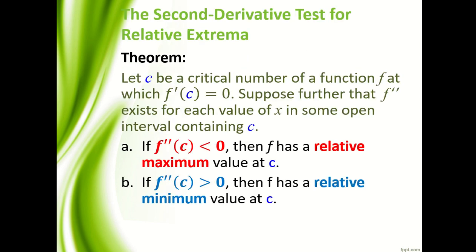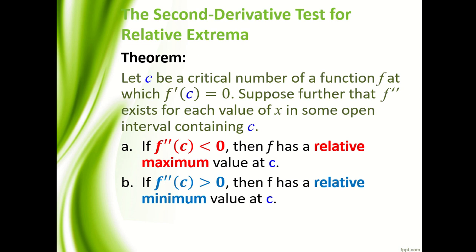Okay, so next we have what we call the second derivative test for relative extrema. A while ago we discussed the first derivative test for relative extrema. This time we will use the second derivative test to determine the same thing, that is, the relative minimum and the relative maximum.